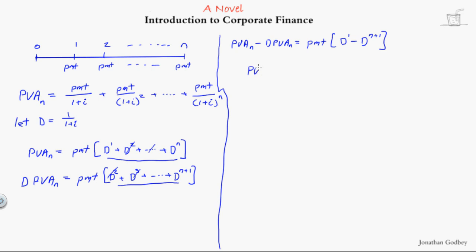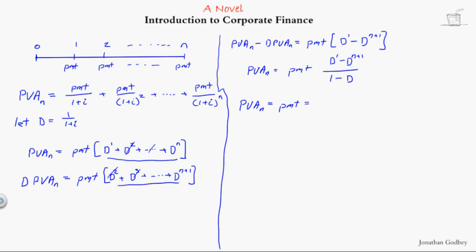I can say present value annuity is equal to the payment times d to the first minus d to the n plus 1, all that over 1 minus d. So I'm just factoring out the 1 minus d. So present value of the annuity is equal to the payment, substituting back in for d.